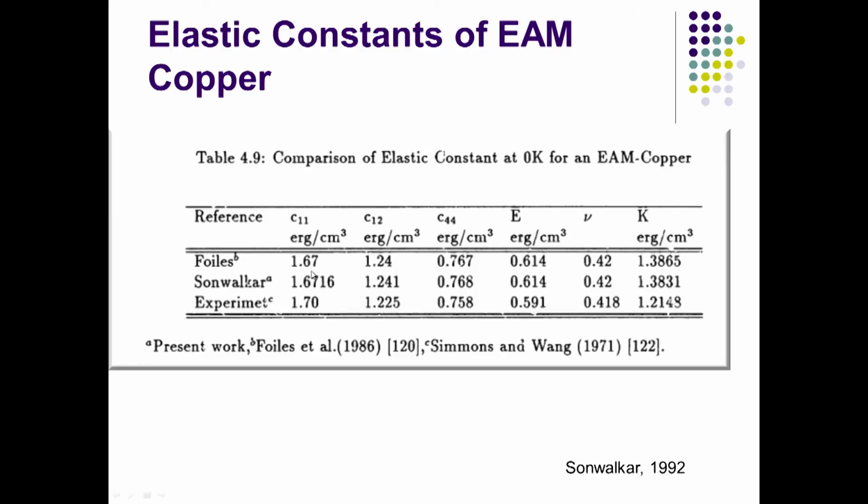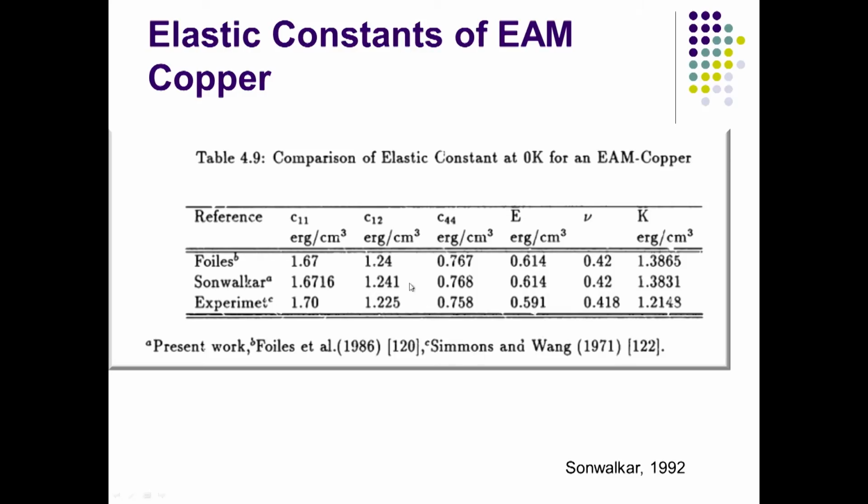If you look at C11, 1.67, my calculation shows 1.6716, which is a very good match, and experiments gave 1.70. This is the amazing part of molecular dynamics, because with 500 particles I could calculate C11 very close, even within 1 or 2% accuracy of the experimental data.